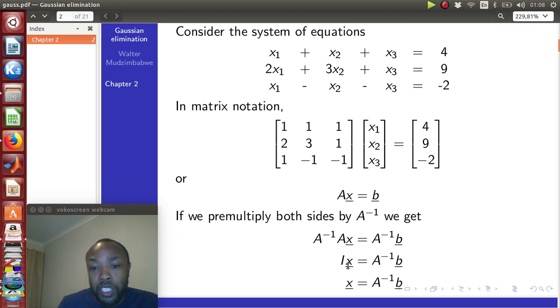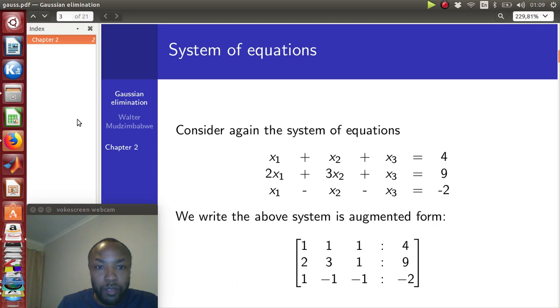And we also know that if we multiply the identity times a vector x, we get only x. And so the x that we are looking for here is simply pre-multiplying b by the inverse of A. Okay. But this is not how we solve systems in practice. We actually have better, more efficient ways, which do not involve finding the inverse. This is what I will be illustrating in this chapter.